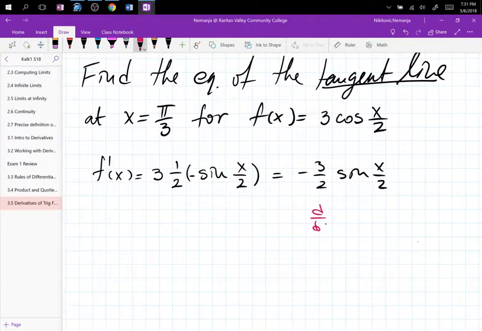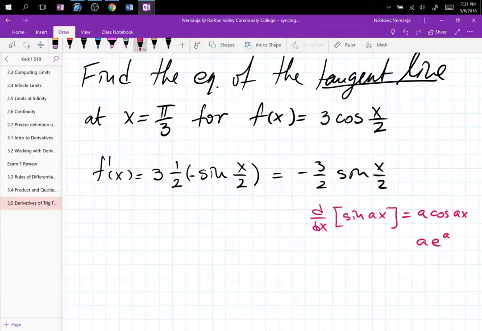The derivative of, let's say, sine ax is going to be a cosine ax. So this ax remains the same, like a e to the ax. You didn't change the exponent, so you don't change the argument either. Great. So I have the derivative function.